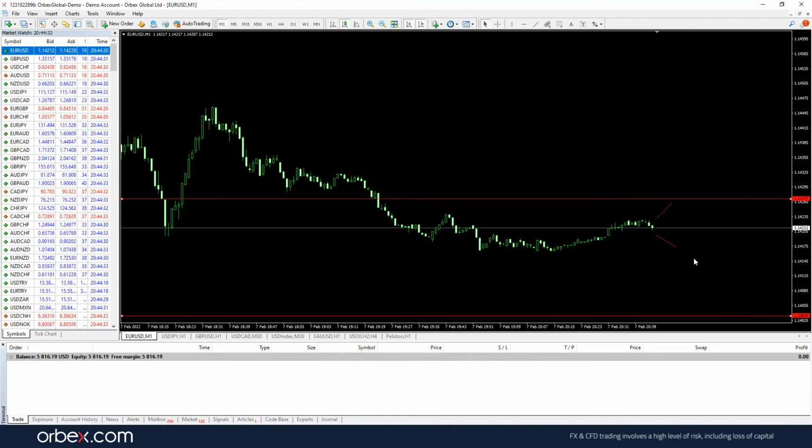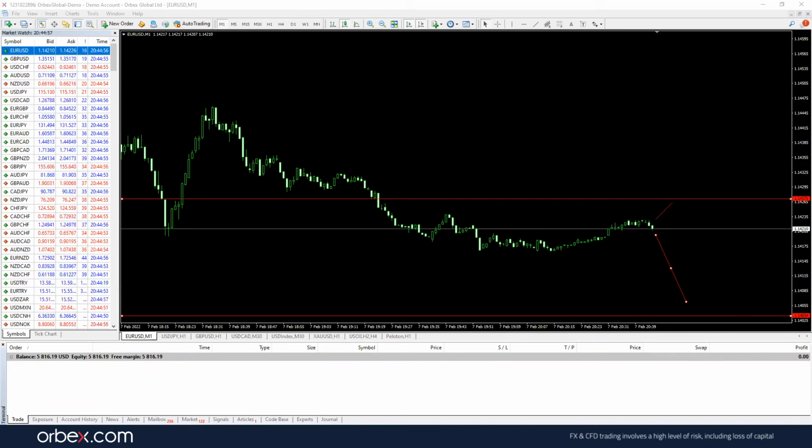It's down there roughly. So I think it's going to fall to here. So I'm going to put a sell stop position in because I think that it's going to hit there. And once it does, my order will open.